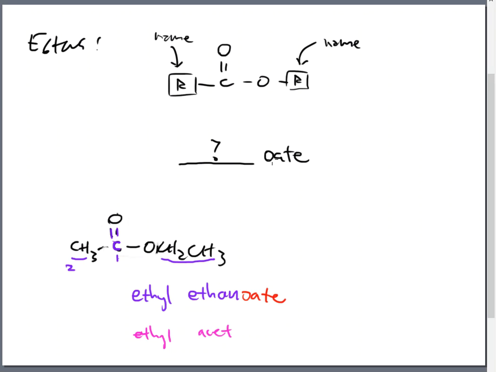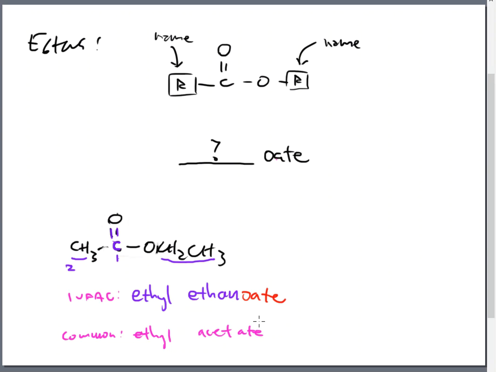We just don't add the O. We leave that O off. So this is going to be -ate. The IUPAC name is ethyl ethanoate, and the common term is still ethyl. There's no change. Acet for the two carbons, and the modified ending of -ate. We just leave off the O. So ethyl acetate. That is what we're after.